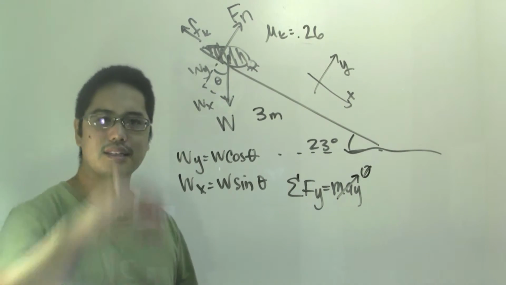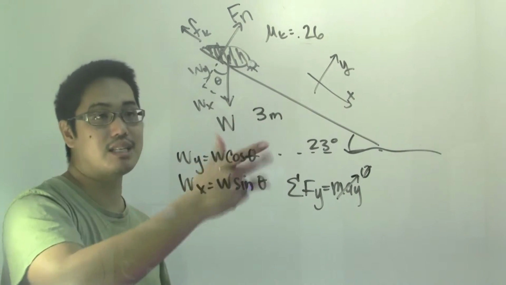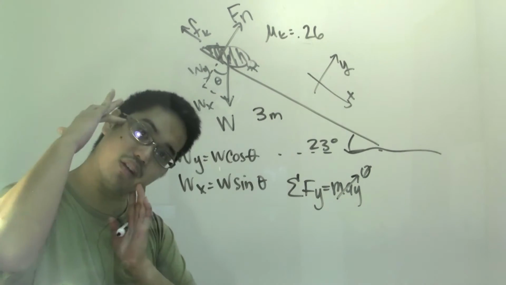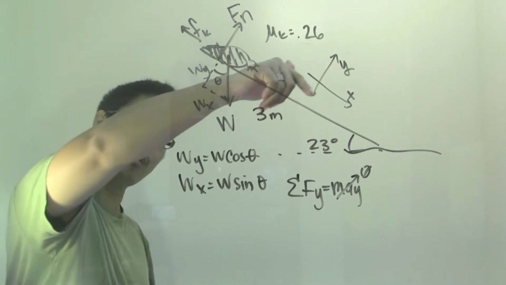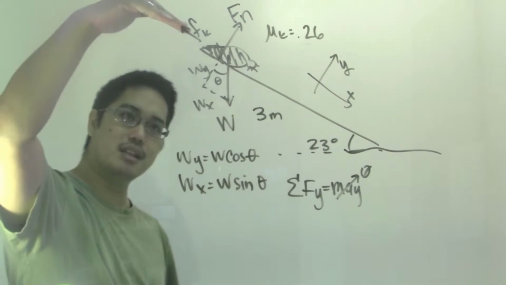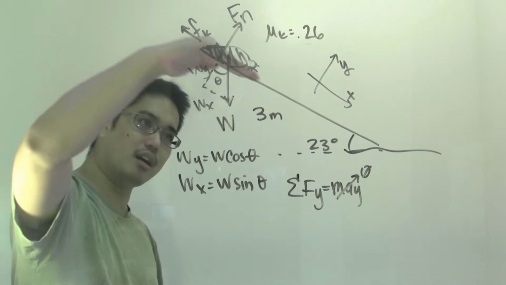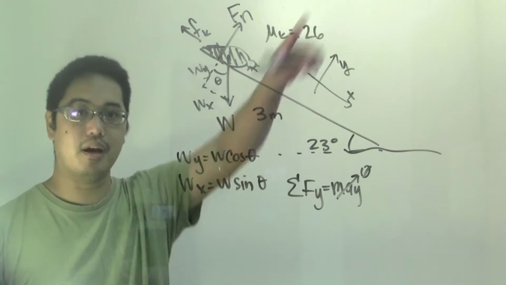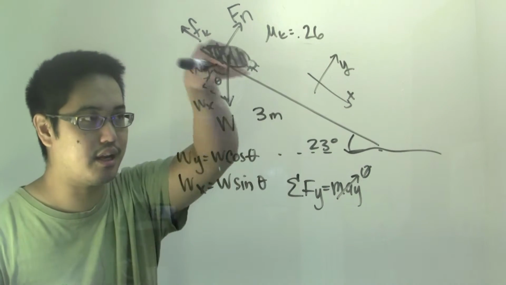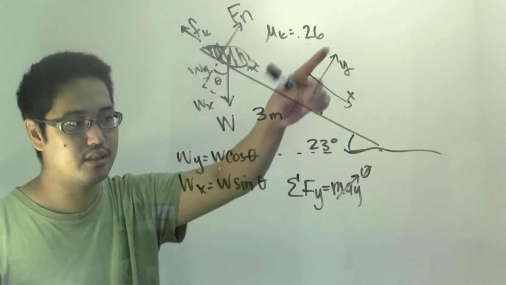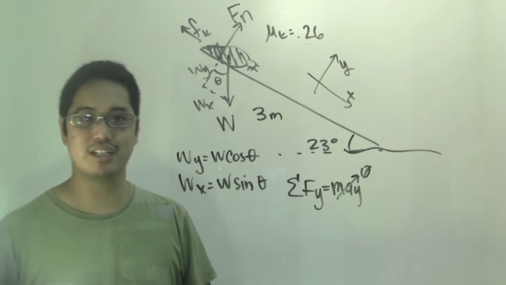You might say, wait a second, isn't he going down the ramp? Yes, but remember, our coordinate system is shifted this way. As far as our y direction in this coordinate system, he is not moving up or down, because he's sliding along the ramp. He's not coming off the ramp, he's not going into the ramp. That means his acceleration in the y direction is 0.